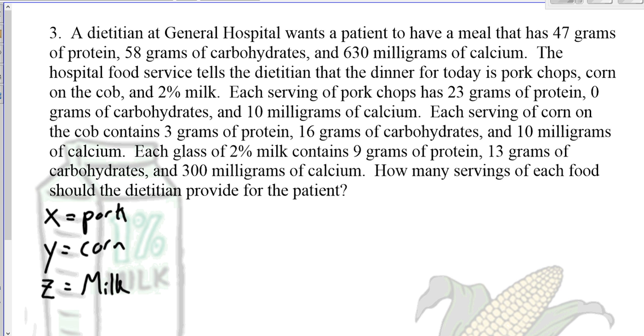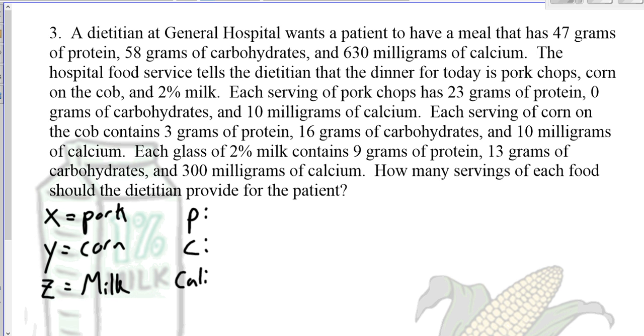So my equations are going to come from the nutrients. So I'm going to have one equation that deals with protein, one for my carbohydrates, and then one for my calcium.